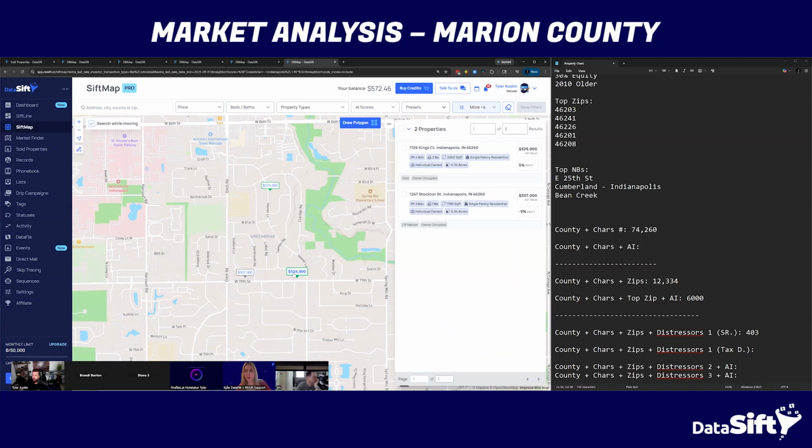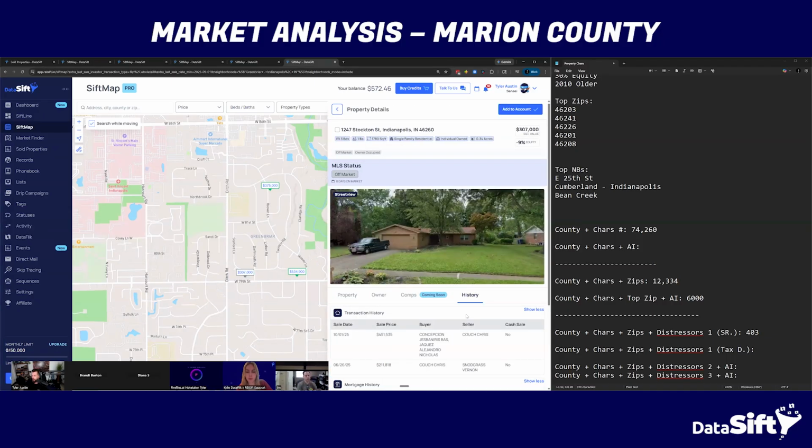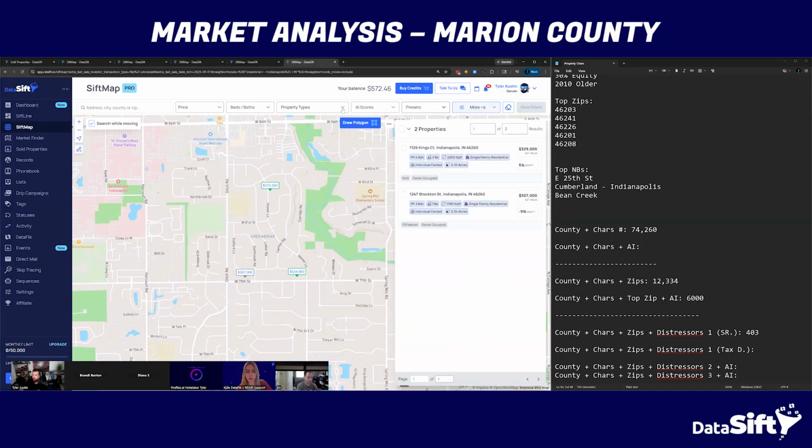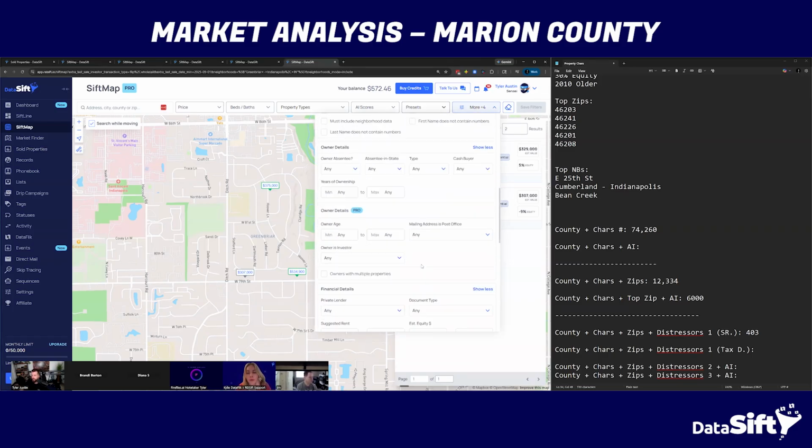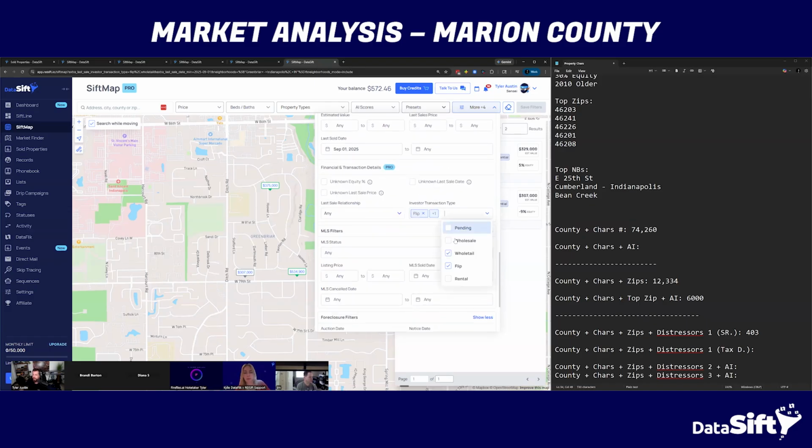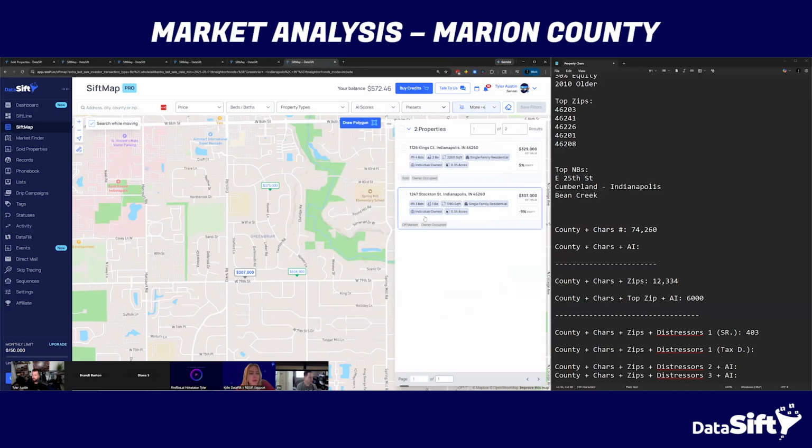Then I would see what's going on there, and it would help me figure out if that's a good zip code. Of course, I can just go to Sold Properties and search the same zip code, but sometimes it's nice to look at my investor transaction types that have happened, especially if it was pending.